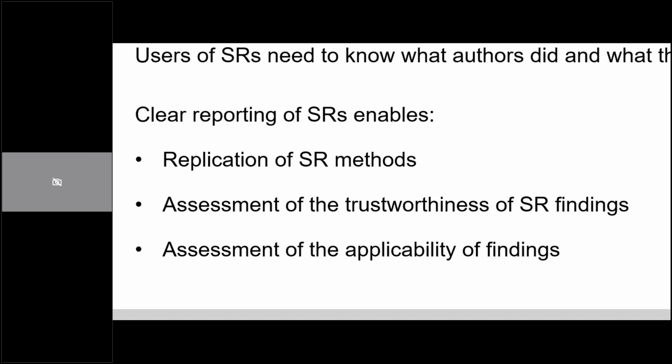In addition, clear reporting should enable end users to assess how applicable the findings are to the setting in which they want to apply them. Users need to know whether all of the included studies focused on a particular population or setting, to know whether the findings will have any relevance to their current practice.